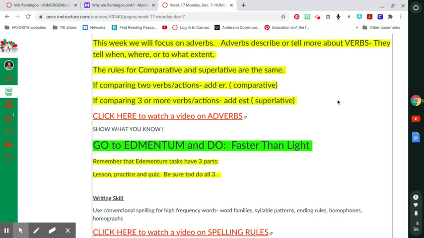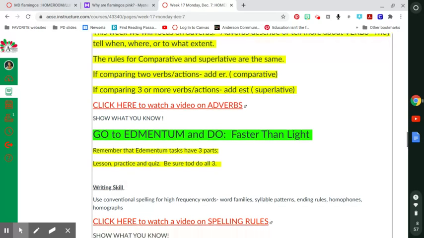If we're comparing three or more verbs or actions, we'll add EST to the adverb. Click here to watch a video on adverbs and then go to Edmentum, do faster than light. And remember that Edmentum has three parts, a lesson, a practice, and a quiz. Be sure to do all three because this is for a grade.